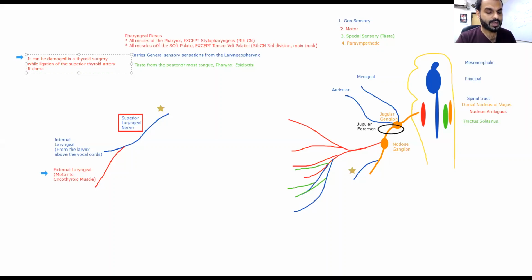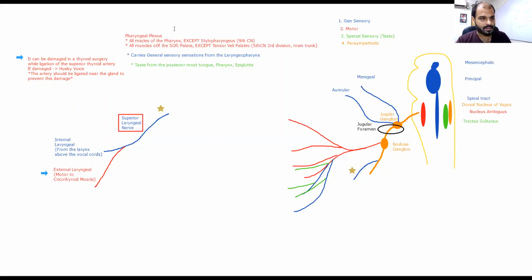If damaged, it will result in husky voice. Husky voice. And one more thing, the artery should be ligated near the gland to prevent this damage. Done? So it's very simple.